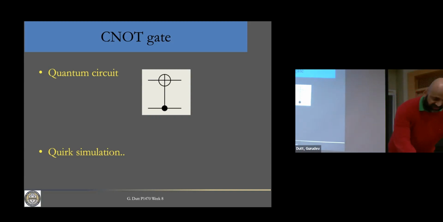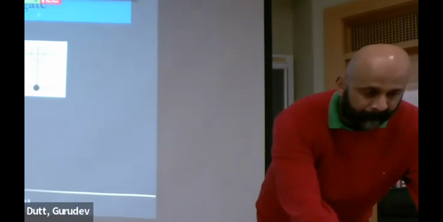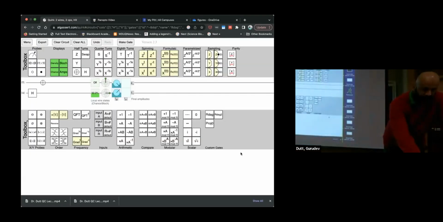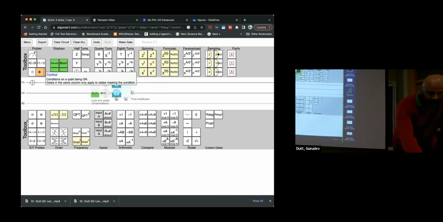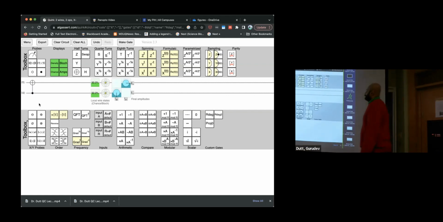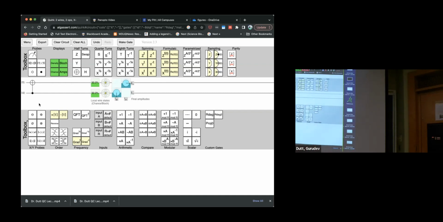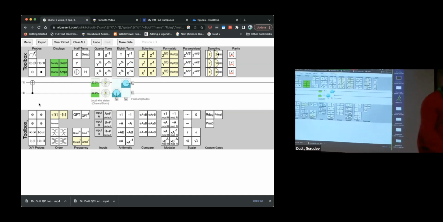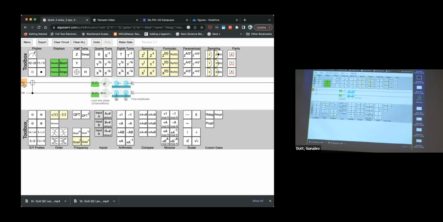Okay. And we can see it in Quirk as well. Right there. Let me try this out. And you see this control, this black circle. As soon as I put it there, it knows that I'm trying to draw a control between the left and the right qubit over there. Let's work through that and make sure we follow that.